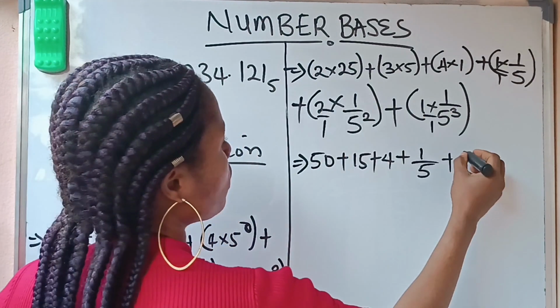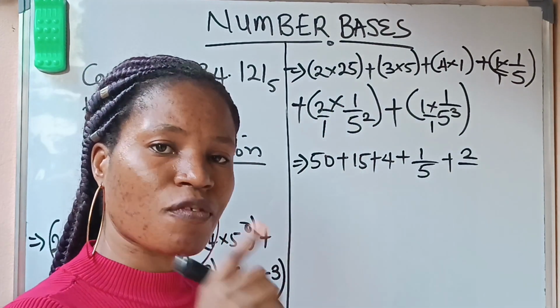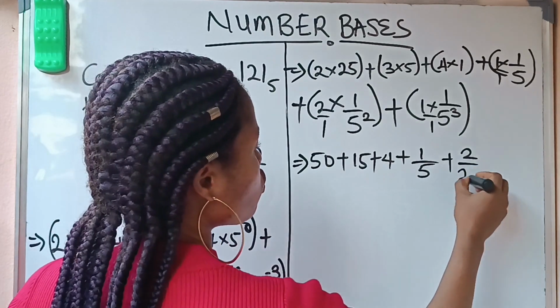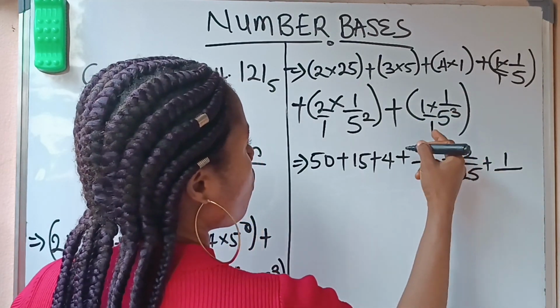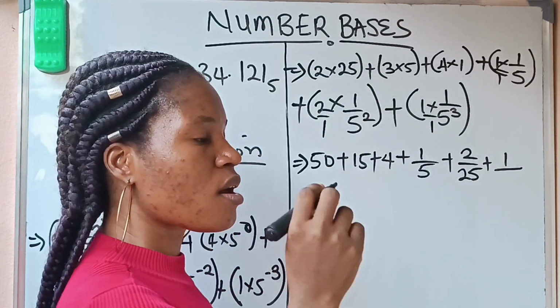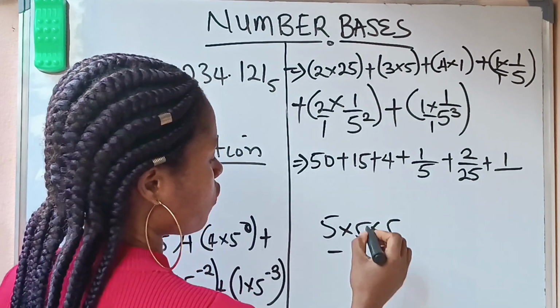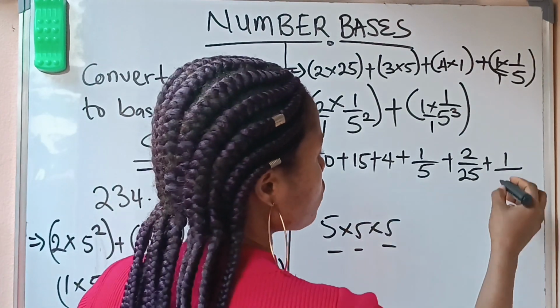Plus 2 times 1 will give you 2 over 1 times 5 squared. Now 5 squared is 5 times 5, which is 25. So it's going to be 2 over 25. Plus 1 times 1 is 1 over 1 times 5 raised to the power of 3. 5 raised to the power of 3 is 5 times 5 times 5. 5 times 5 is 25, and 25 times 5 will give you 125. So you are going to have 125 here.